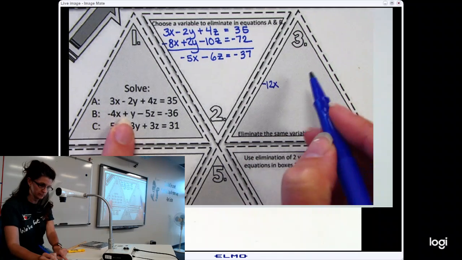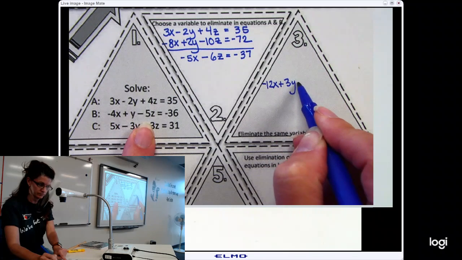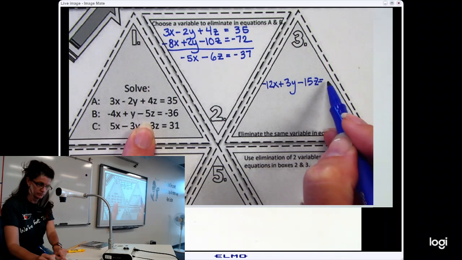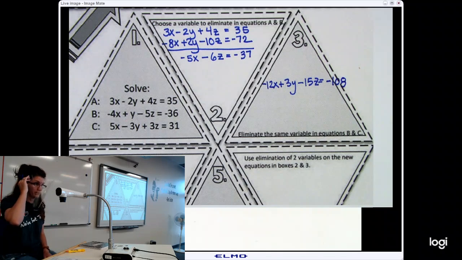12x. What is that, 108? Check my math for me.